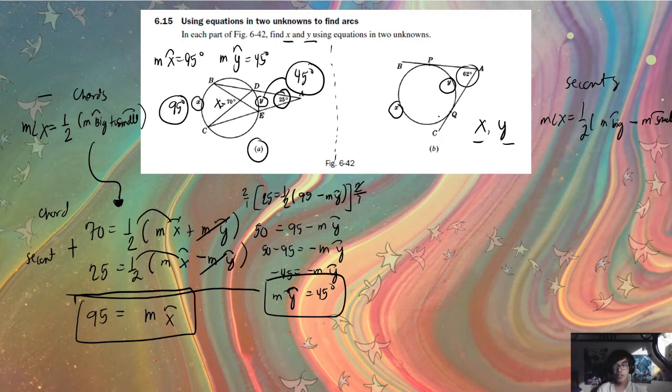Since we know that this is a circle, therefore its total arc measurement should be 360 degrees. And since we already have the value of arc y there, we can say that, for our second problem, the measurement of arc BQ plus the measurement of arc PQ is equal to 360 degrees.